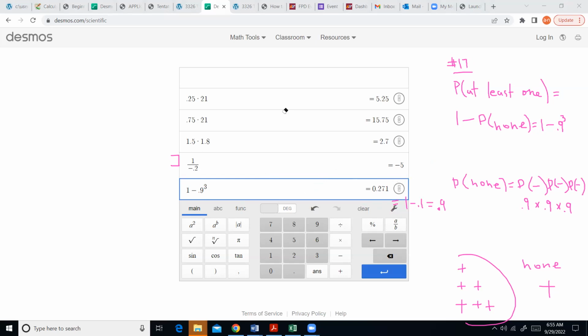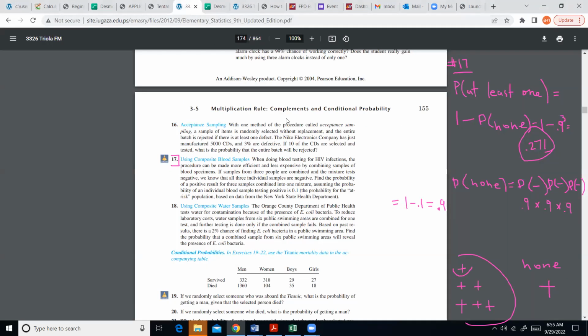It's 0.271, right? 0.271, that's our answer. Because again, otherwise I would have to get the probability that 1 is positive, and that could be either first or second or third. So that'd be a lot of work. That's the idea. So it's faster just to get complements and be done with it pretty much right away.